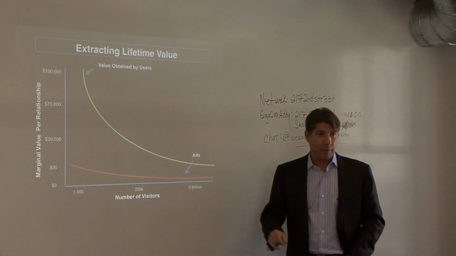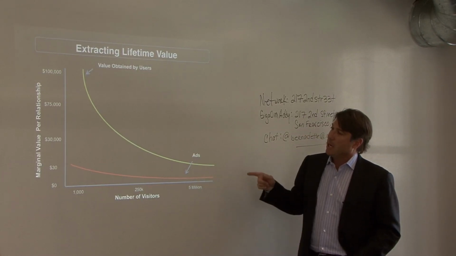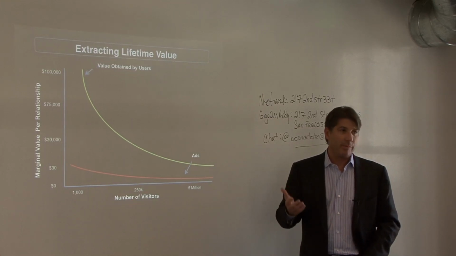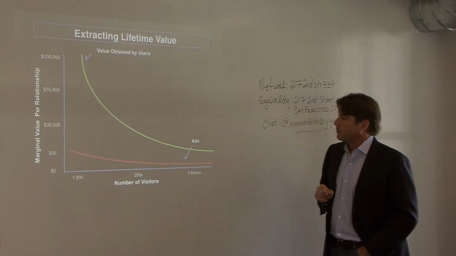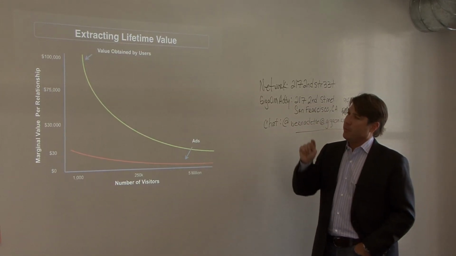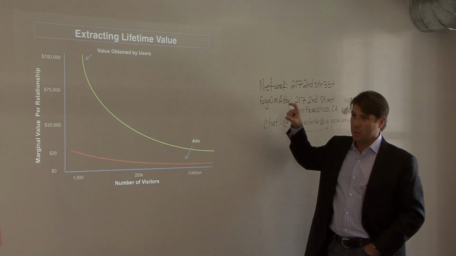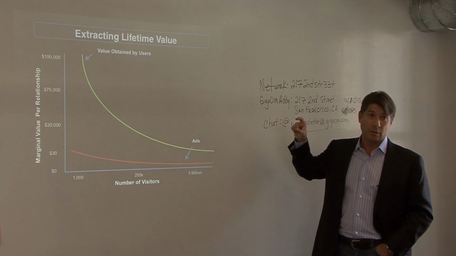I'll make more money from you. But this game is an interesting game. This game is driven by CPM rates. And I don't know if you guys know what CPM rates are, but CPM is how you price an ad on a page. And CPM rates, if you track them from 1996 to today, the same ad unit in the same website has gone from $60 to $2.